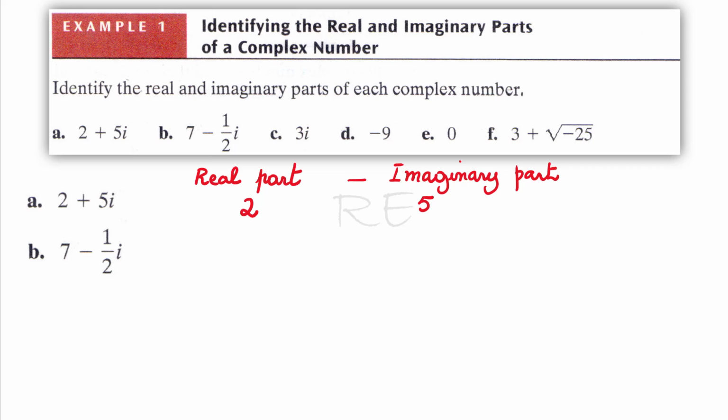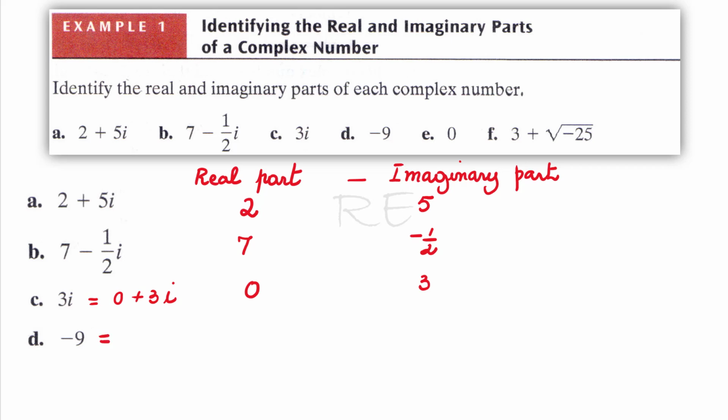The real part is 7, and the imaginary part is -1/2, the coefficient of the imaginary unit. 3i can be written as 0 plus 3i. The real part is 0. The imaginary part is 3.